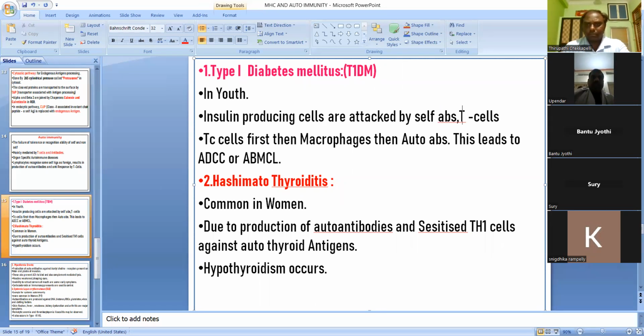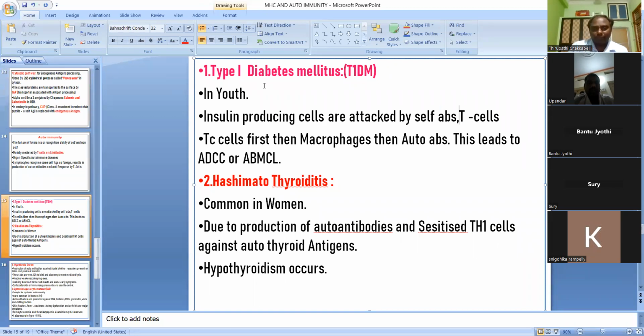The pancreatic cells, their receptor structures, their surface membrane proteins structure is altered. So the altered antigens or proteins are recognized as foreign by our immune system.